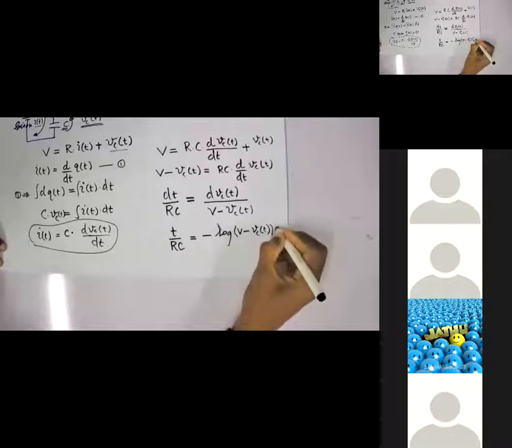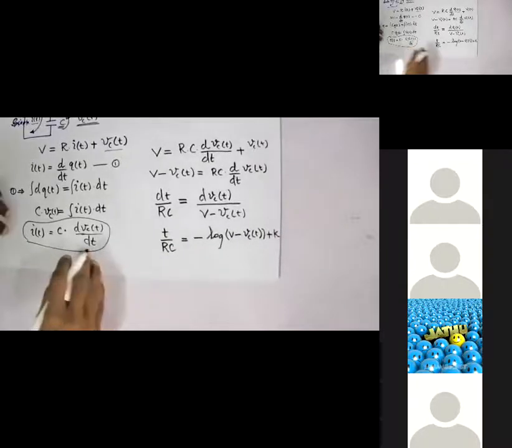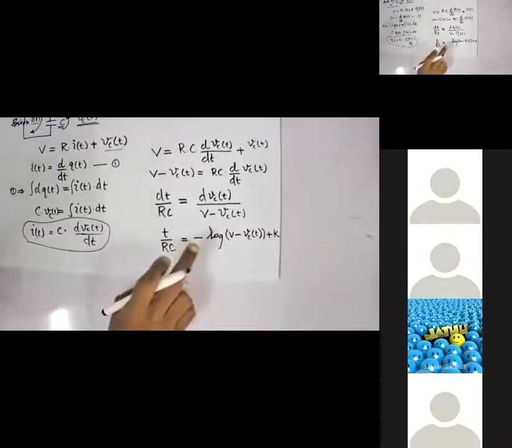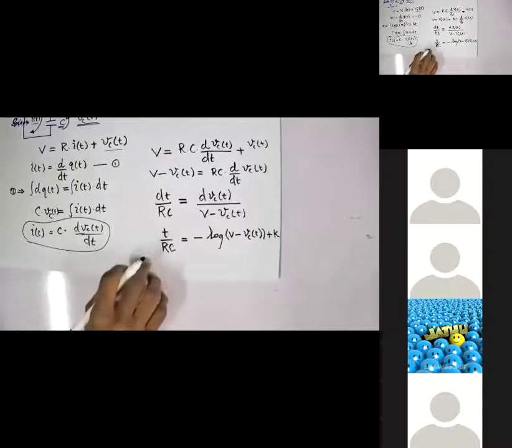There will be an integration constant k, right? So t by RC will be equal to minus log of V minus Vc of t plus k, right?